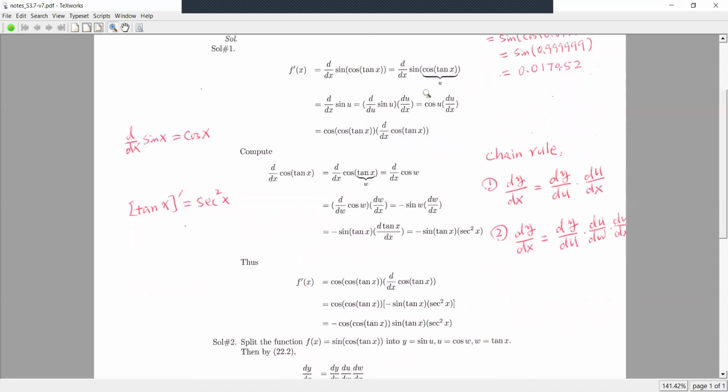In this solution, I have used the chain rule twice. I use the chain rule here. When I compute this derivative, I use the chain rule again. So I use the chain rule twice to get the solution in this example.